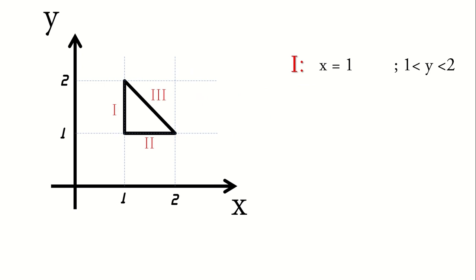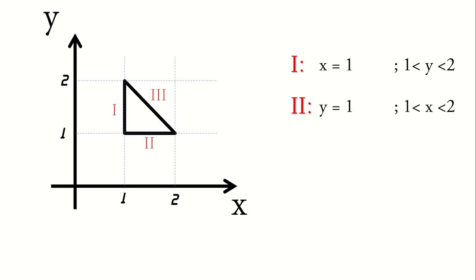For the first length, all the points are placed on the line x is equal to 1, for y between 1 and 2. And for the second length, we have this formula: y is equal to 1 for x between 1 and 2.